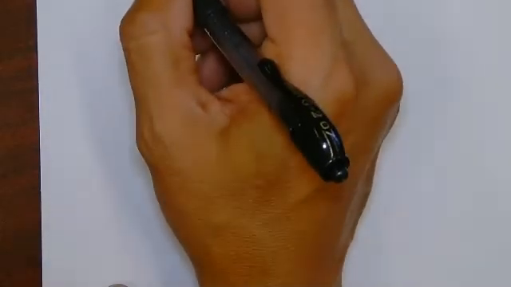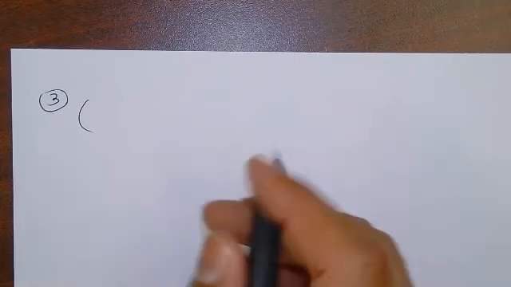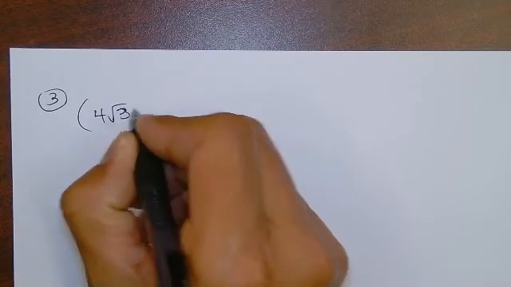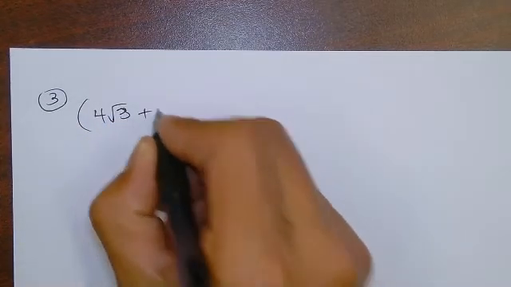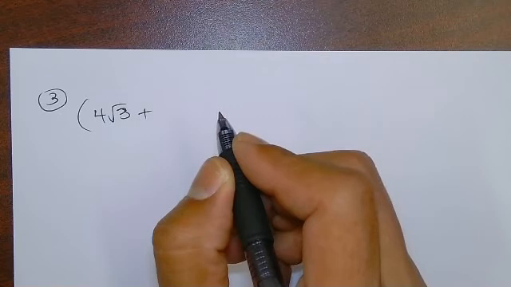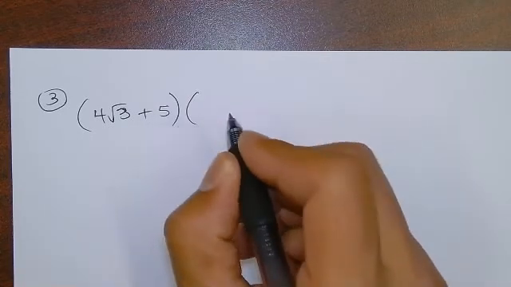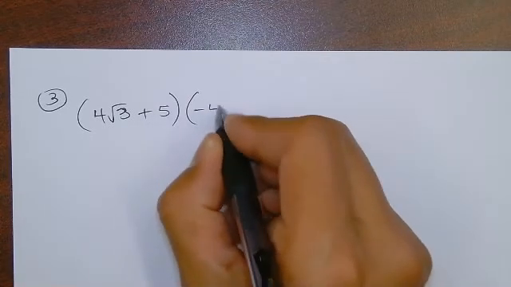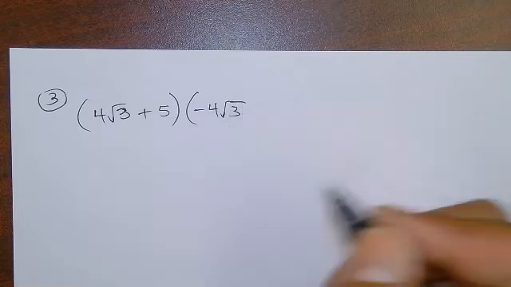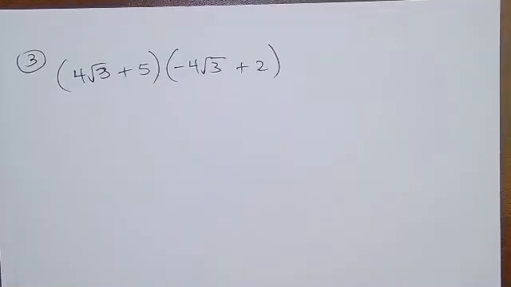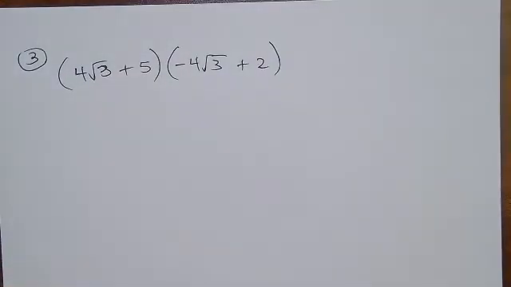All right, let's step it up. How about something like this? Let's make it a little bit more challenging. How about 4 root 3 plus 5 times negative 4 root 3 plus 2.